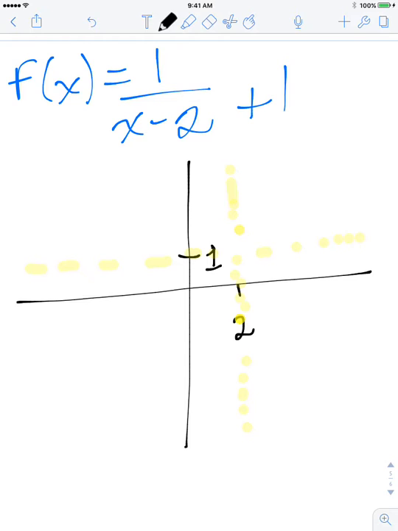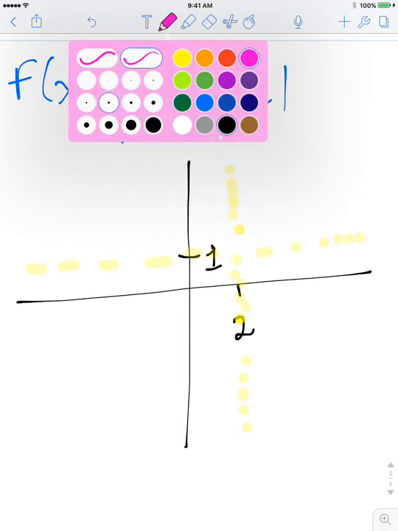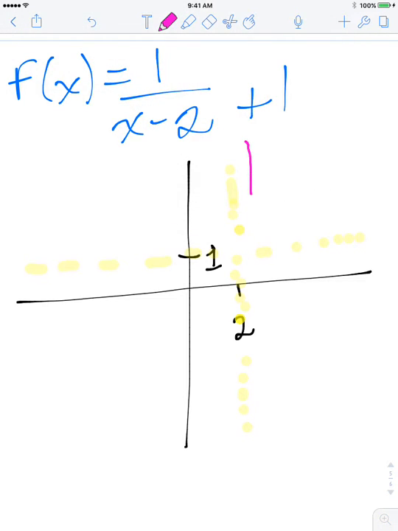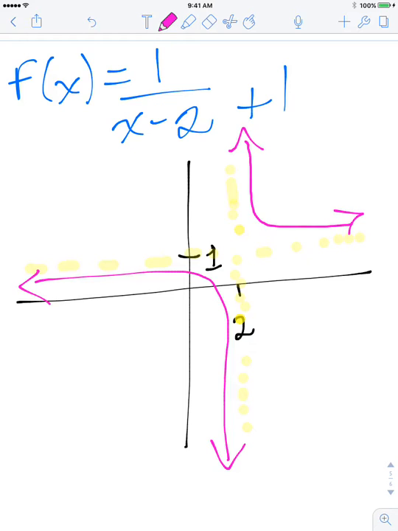Okay, and now let's take a look at our graph. All right, let's take a look at our domain. Our domain is horizontal, so you're looking at the x-axis.